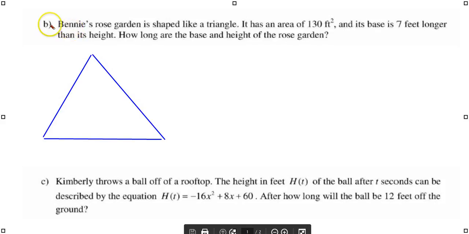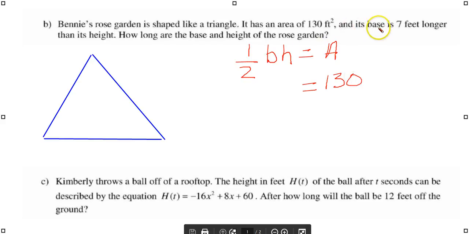Now in example B, we talk of a rose garden shaped like a triangle, and we know the area. Now the formula for area is 1/2 the base times the height equals the area. So far we have 130 for the area. Now it says its base is 7 feet longer than its height.